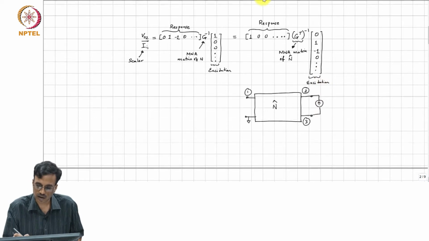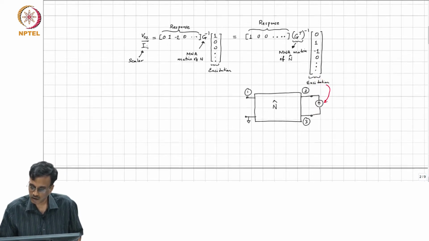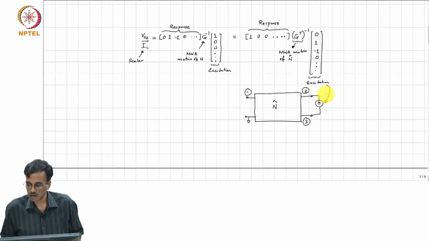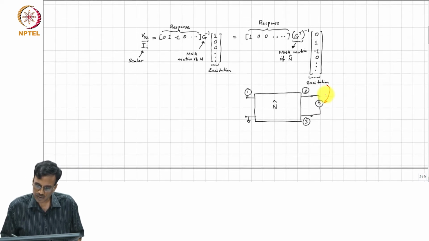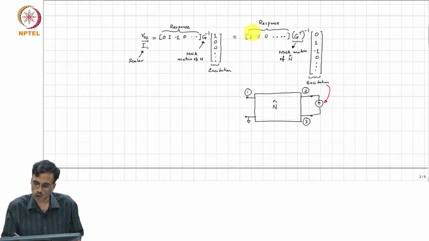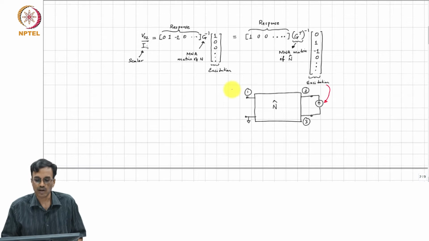So, that is the interpretation of that vector there, and the measurement is the potential of node 1. We are finding all the node voltages and measuring just node 1.